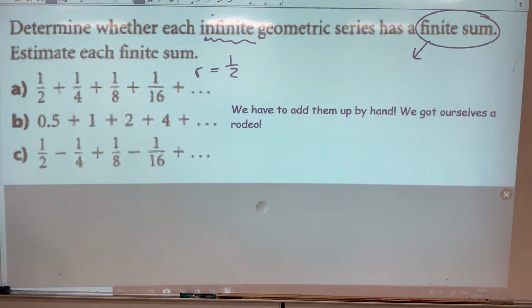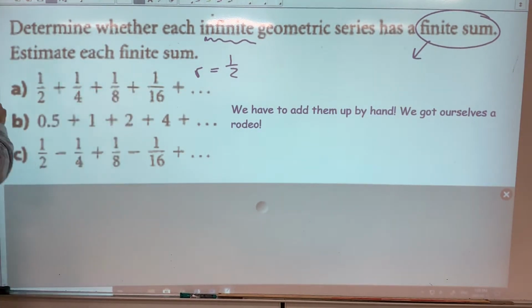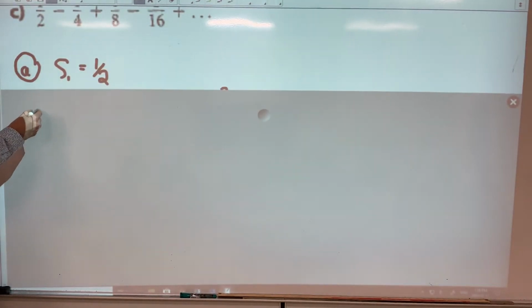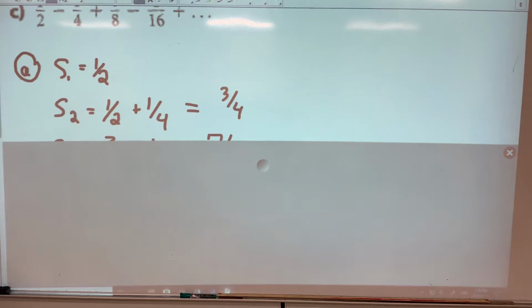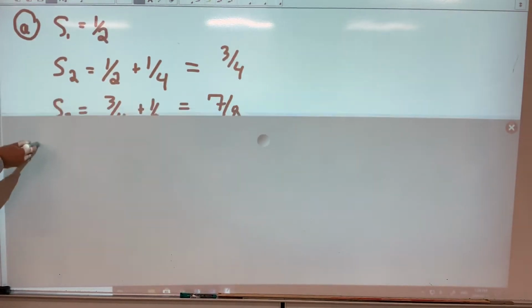So every time I'm multiplying by a half, it gets smaller and smaller, right? So let's look at the sum of the first term, and then the sum of the first 2 terms would be 3/4. I don't know how much of this you want to write down, it's up to you. It's more about what happens here.